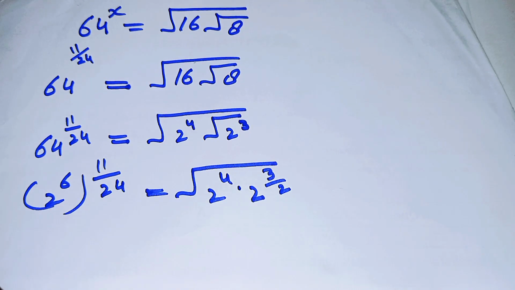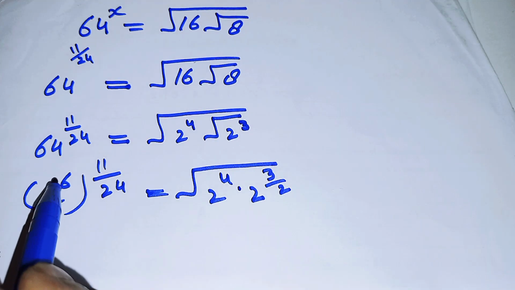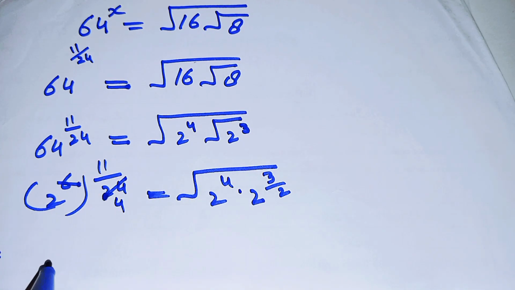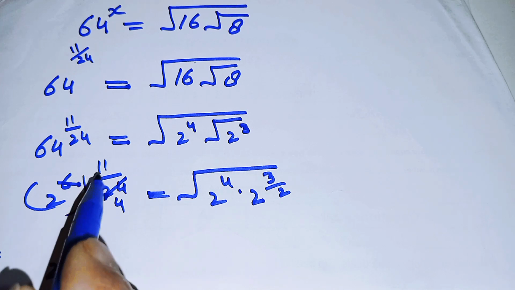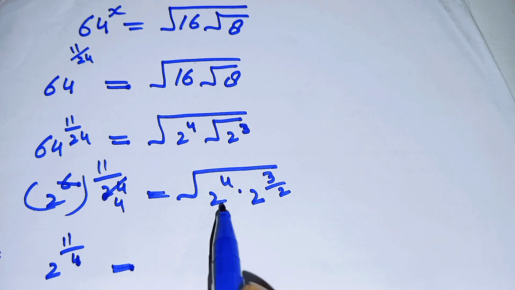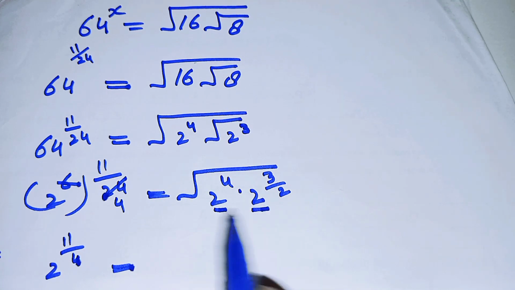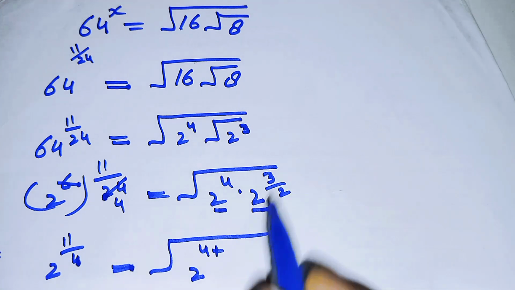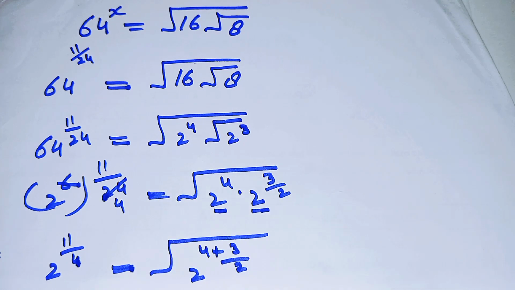Here we divide these powers: 6 divided by 24 is equal to 1 over 4, so 2 to the power of 11 over 4 is equal to the square root of 2 to the power of 4 plus 3 over 2, since the bases are the same.